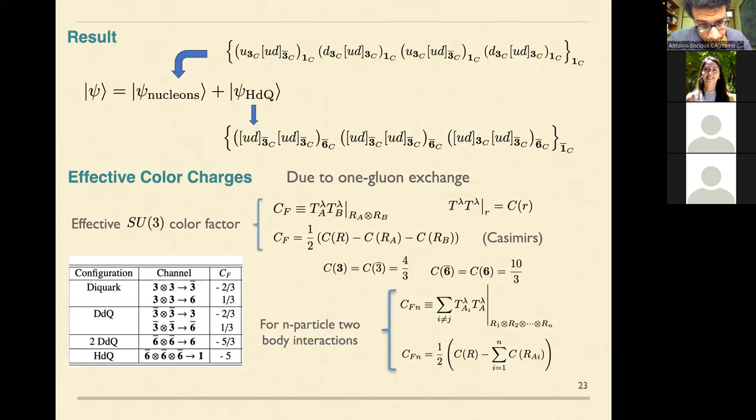And the interesting part is that if you assume that the heavy diquark has only 2-body interactions, then the 6 + 6 + 6 to go into 1 is very, very attractive, tremendously attractive. I am assuming that it's only 2-body interactions, but it gives you a tremendously attractive color factor.